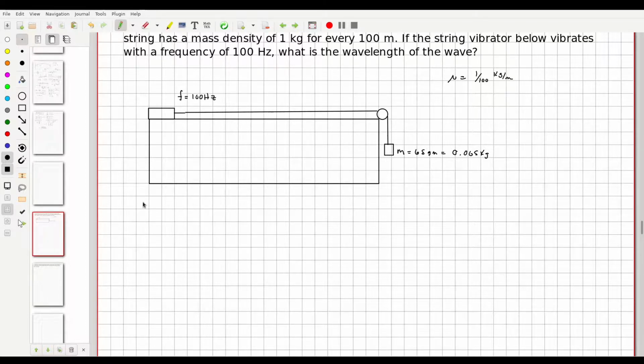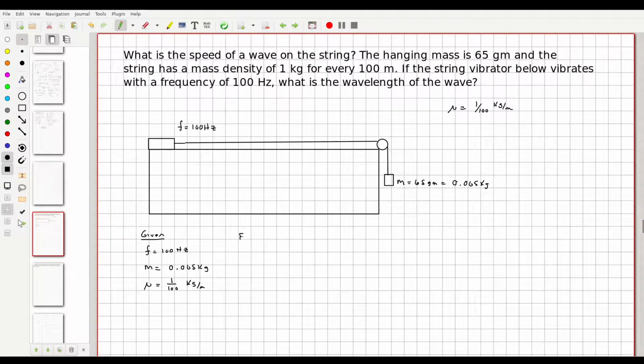So let's write down our givens. We're given a frequency of 100 hertz. We're given that the hanging mass is 0.065 kilograms. We're given the string line density, which is 1/100 kilograms per meter.